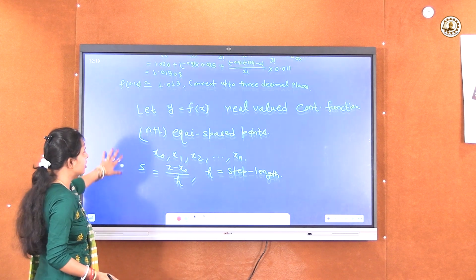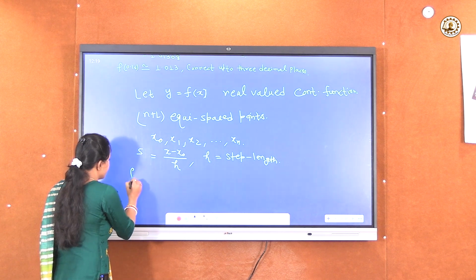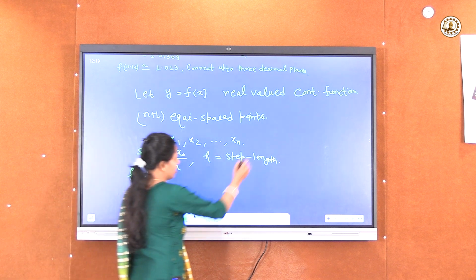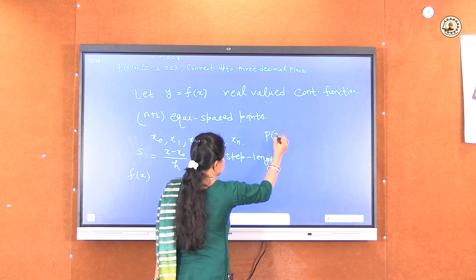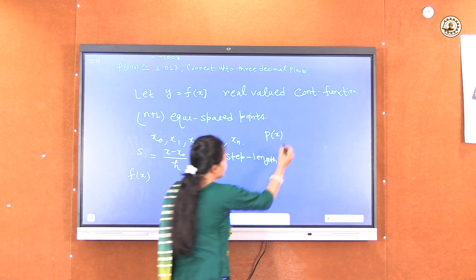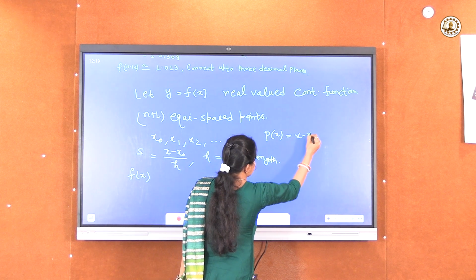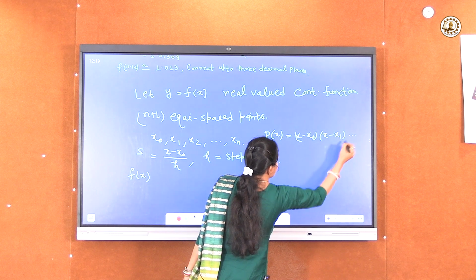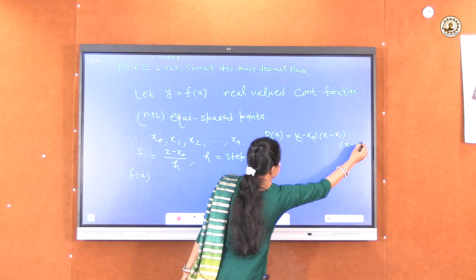Now we get the interpolation formula. At first we take a polynomial, P(x), which is (x minus x0)(x minus x1) up to (x minus xn).